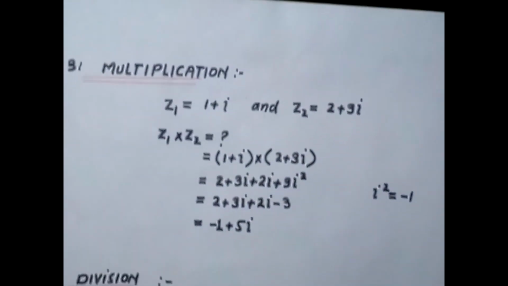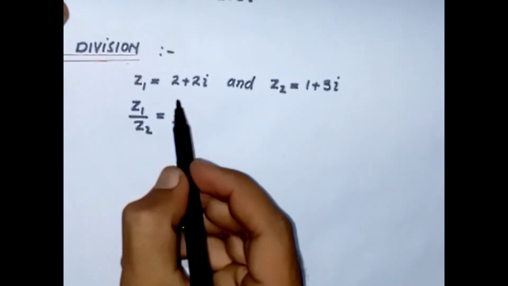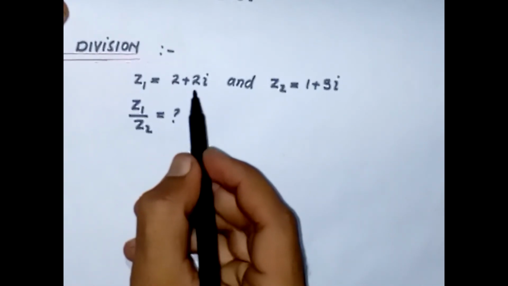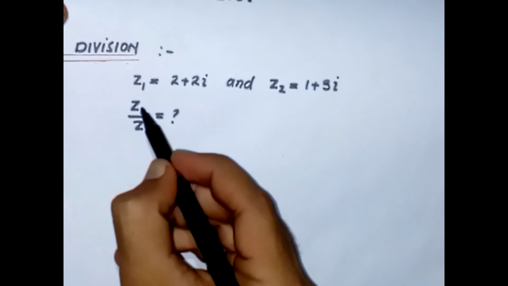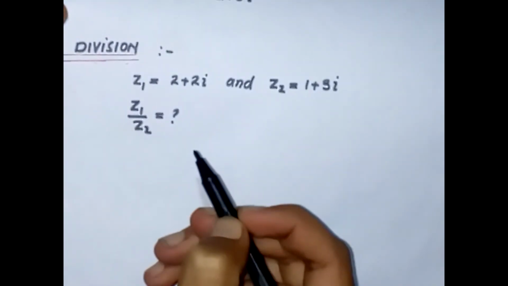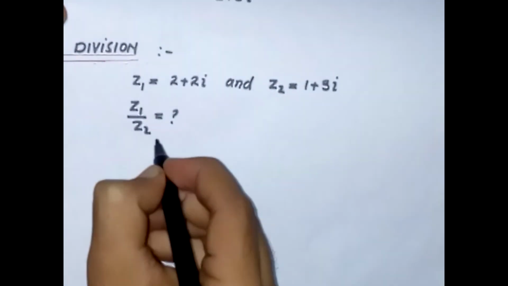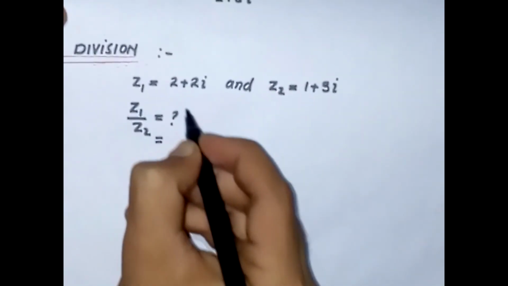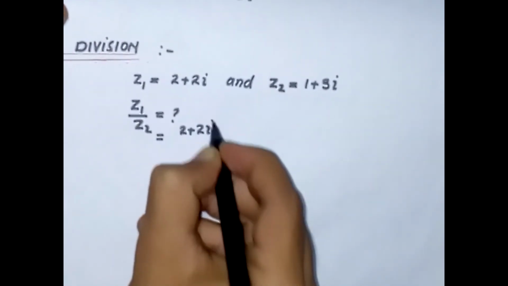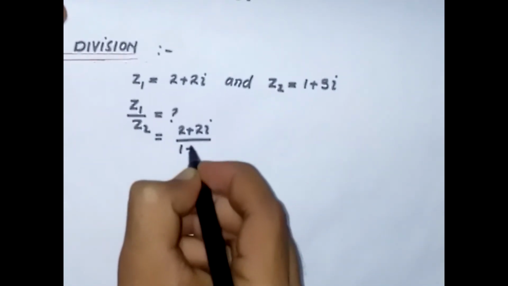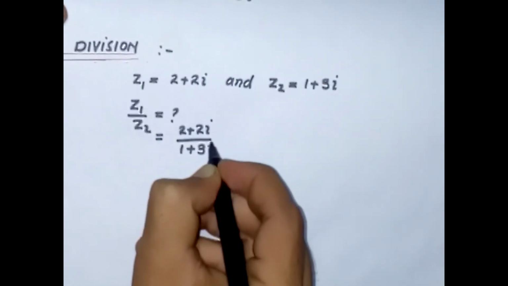Now let's move on to the division of complex numbers. We have two complex numbers, z1 is 2 plus 2i and z2 is 1 plus 3i. We are going to find z1 divided by z2. Now how to do this? Let's first put the values: 2 plus 2i divided by 1 plus 3i.